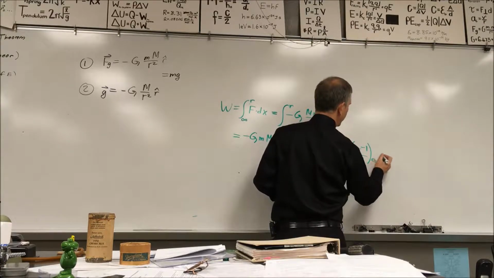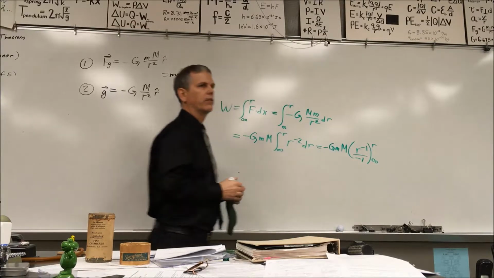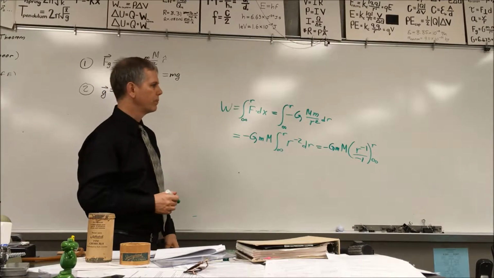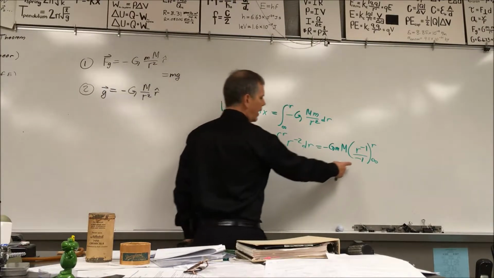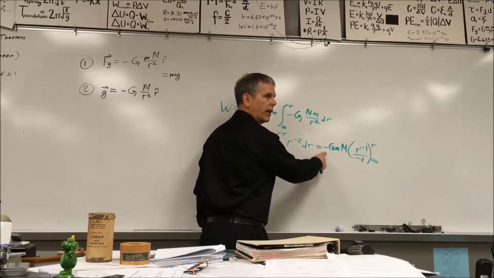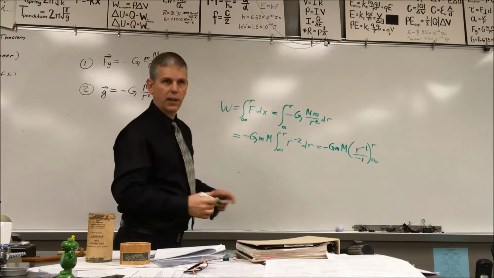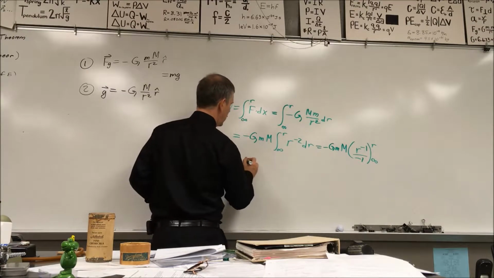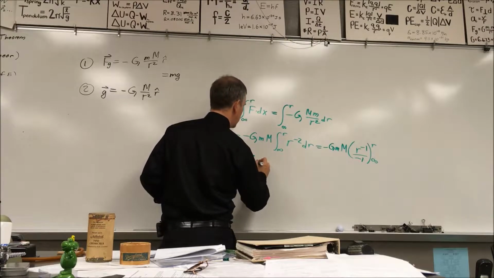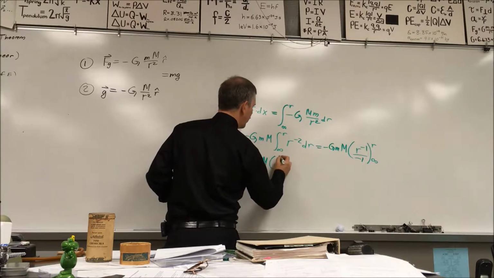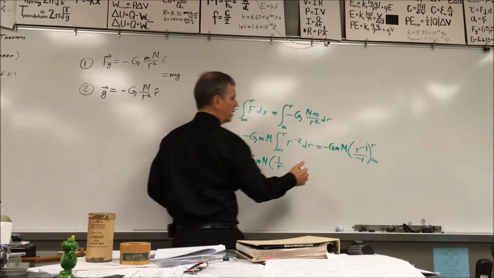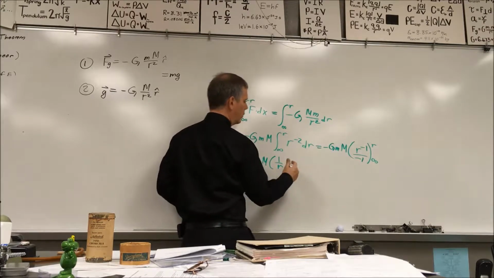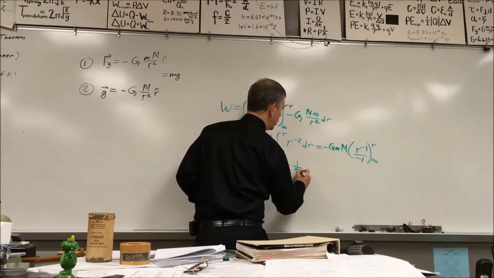And then we put our limits of integration over here, to remind ourselves that we're going to do final minus initial in a bit. Once again, that can come out of the equation, and a negative divided by a negative is a positive. And now we have 1 over r, then we have to put in our final minus our initial.